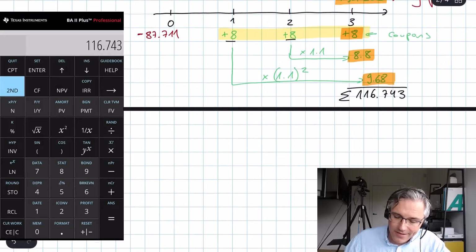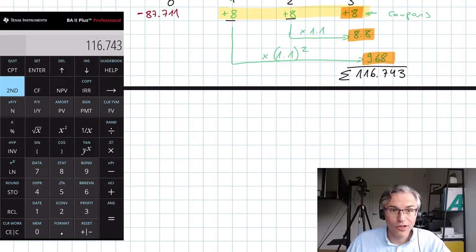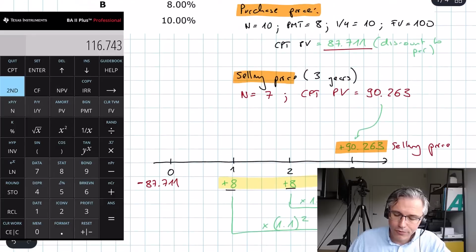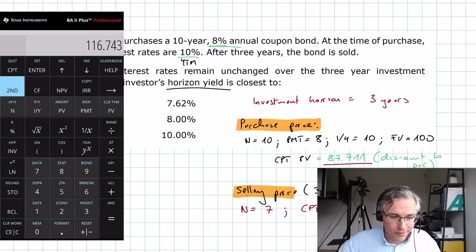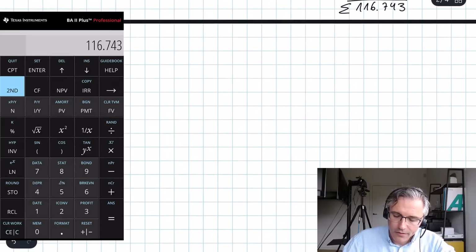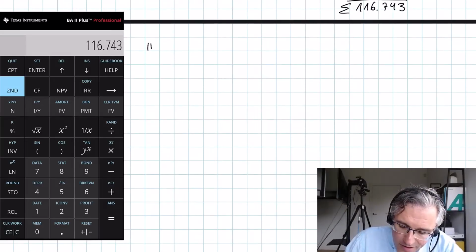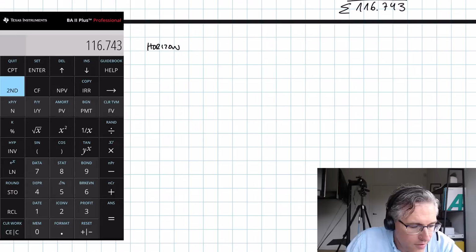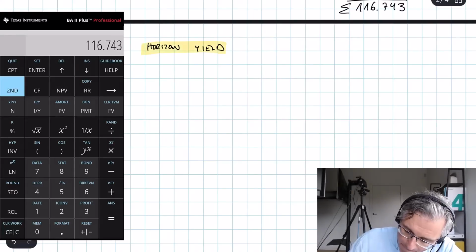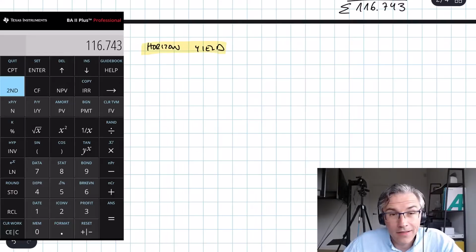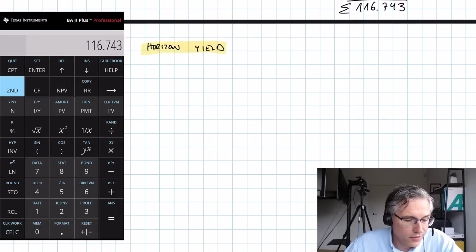Let's use this to compute what is known as the horizon yield. After all, the horizon yield was in fact what we were asked for over here. Okay, your curriculum defines the horizon yield as the investor's internal rate of return.